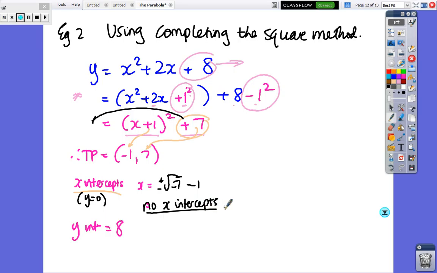There are no x-intercepts because when I took the 7 across the other side, it became -7, and you can't square root a negative number. But the y-intercept does exist. The y-intercept is just the number at the back. So that last one wasn't quite as neat as I thought.